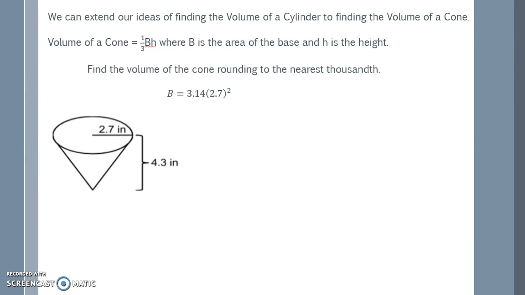So 3.14 times the radius of 2.7 squared gives us 22.89. We need to take that times 1/3 and times the height of this cone, which is 4 3/10. Multiplying them all together, we see that we get 32.81 inches cubed.